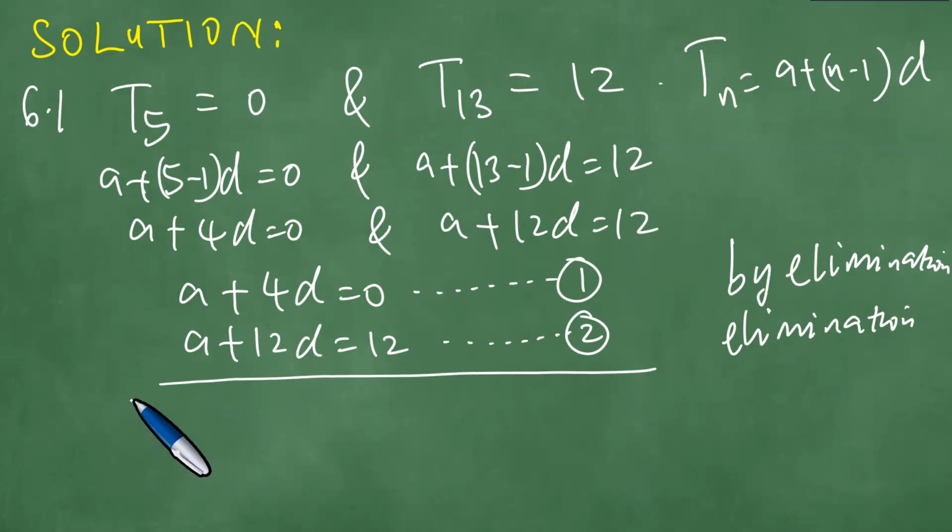So equation 2 minus equation 1: a minus a is 0, we don't write 0. 12d minus 4d is 8d, and 12 minus 0 is 12, which means 8d is 12.